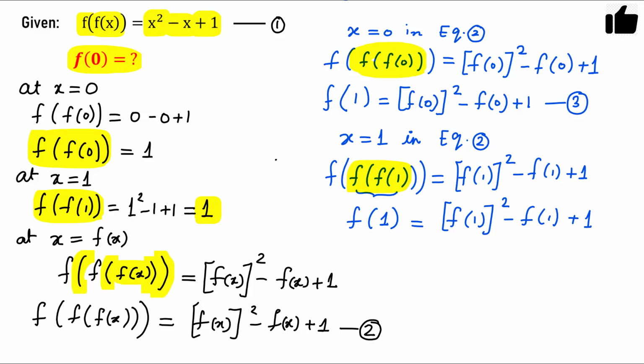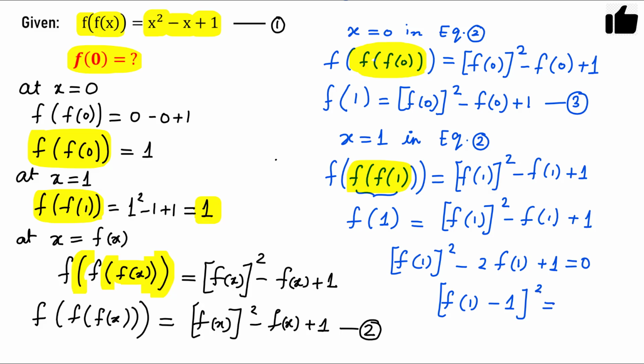Now see the miracle. If you put this f(1) on the right hand side, you have a quadratic equation: (f(1))² − 2f(1) + 1 = 0. Or you can write (f(1) − 1)² = 0.